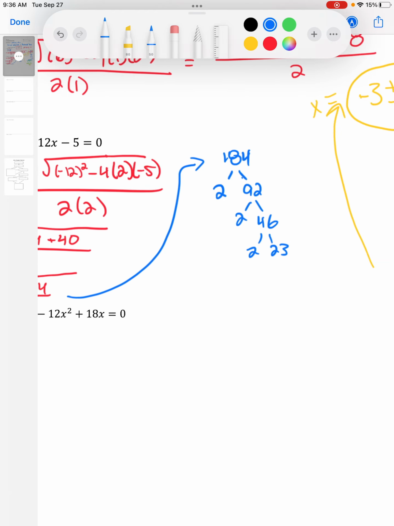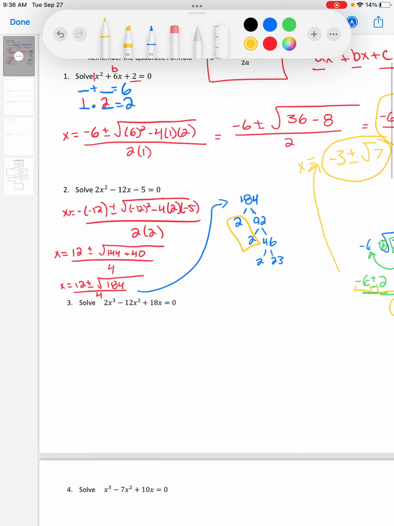So any groups? Well, we have a group of 2, so that comes on the outside. Remember, on the outside I had x is equal to 12 plus or minus 2, and then what's left is 2 times 23, which goes back to 46, all over 4.